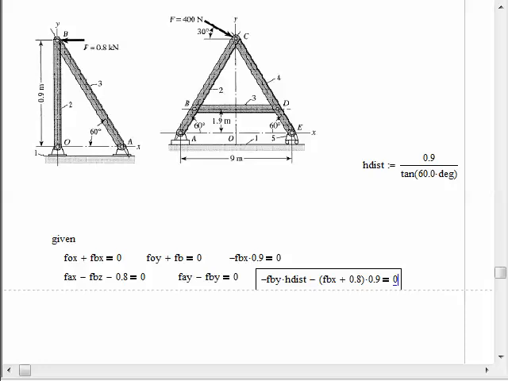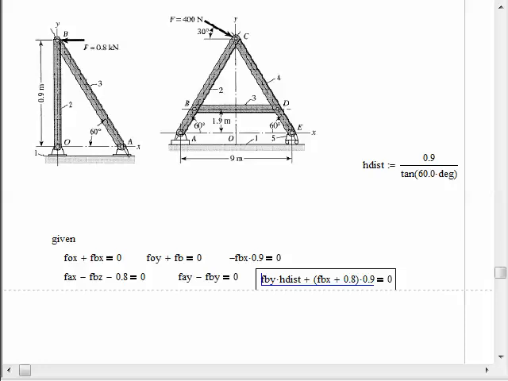Now I think I do want to stick with the right hand rule though. So FBY, counterclockwise would be positive in this direction. So FBY pointing down, in fact, would cause a positive moment. So we'll get rid of that minus. And then FBX going negative, these would also produce a positive moment.